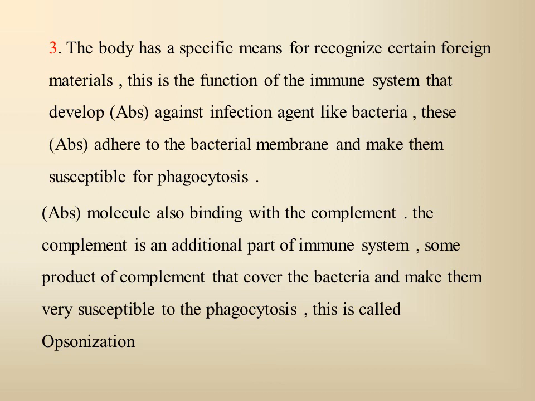This antibody from the immune system adheres to the bacteria membrane or the foreign body membrane and makes it susceptible to phagocytosis, preparing it for the process of phagocytosis, also known as cellular engulfment.